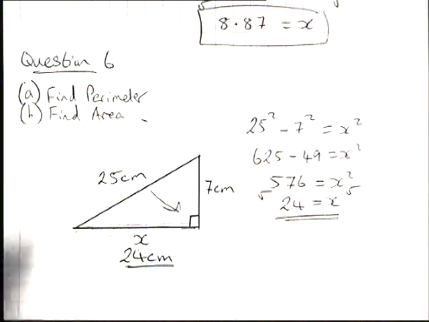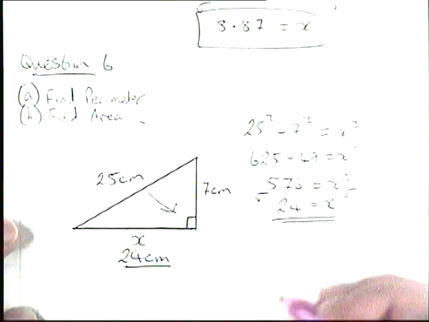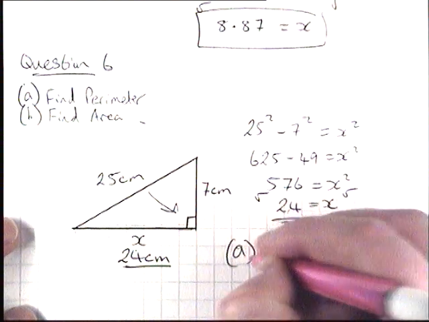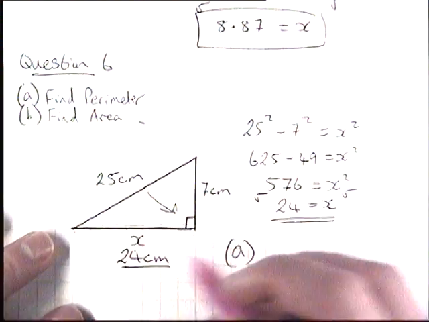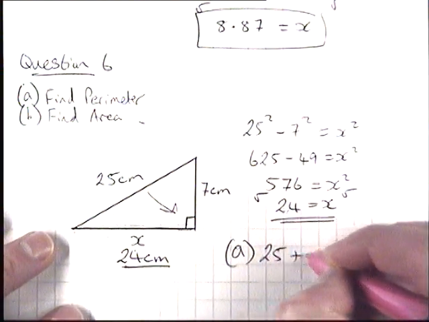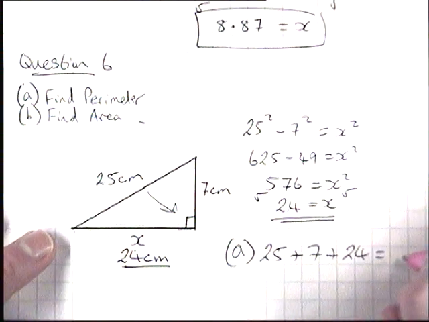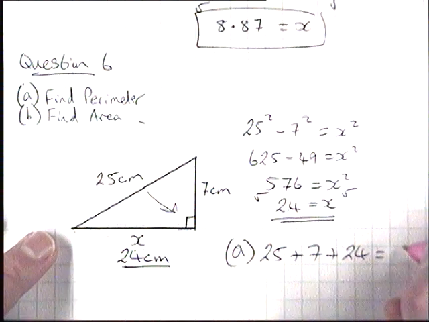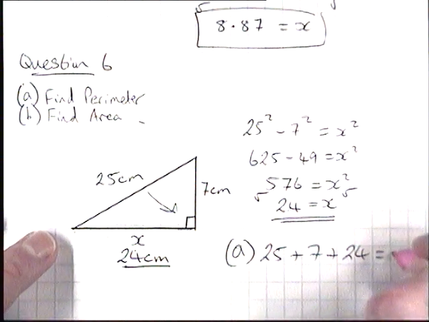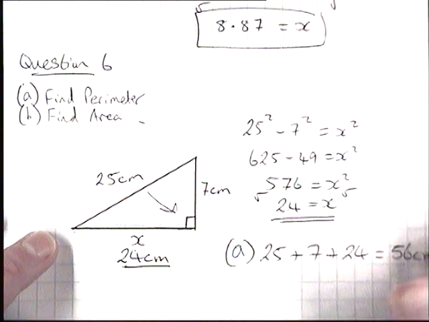So now we can do what the question was asking us, and we can find the perimeter and the area. So for part A, the perimeter is going to be all of the sides added together. So we've got 25 plus 7 plus 24. So that will give us 56 centimeters.